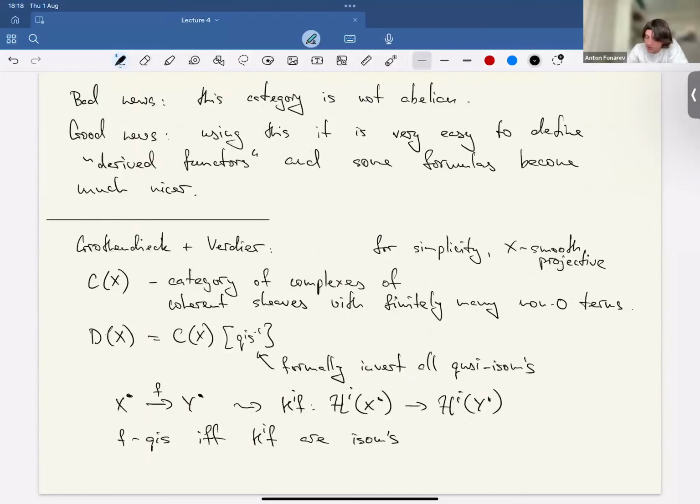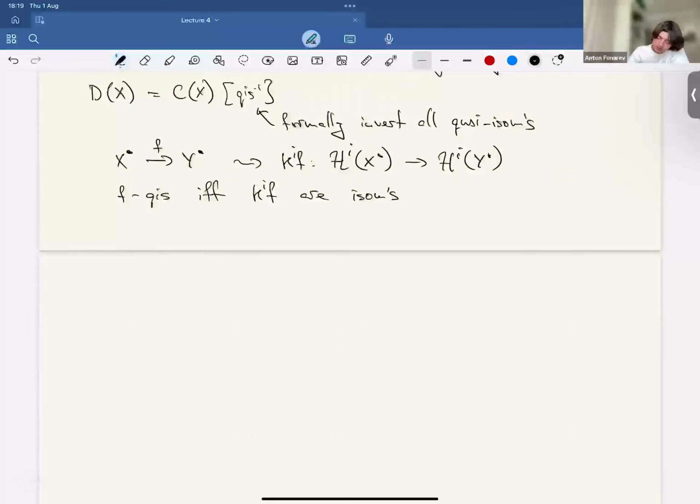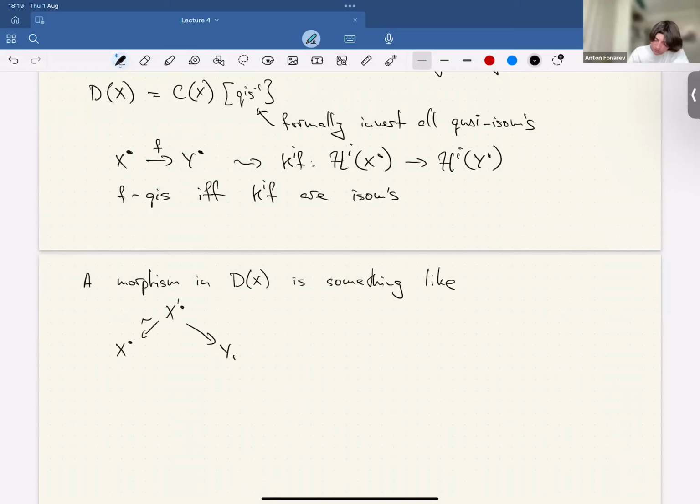All right. So how do you formally invert quasi-isomorphisms? Well, if you think about it one way, a morphism in D of X is something like a diagram of the following form. You first replace X by a quasi-isomorphic complex that maps into your X, then it maps to Y1.